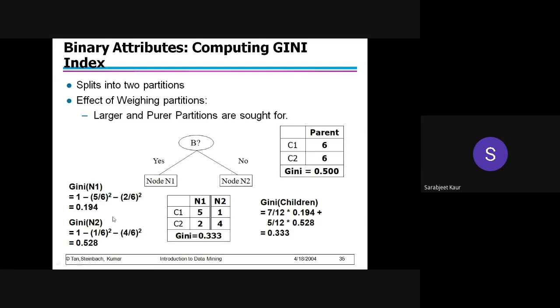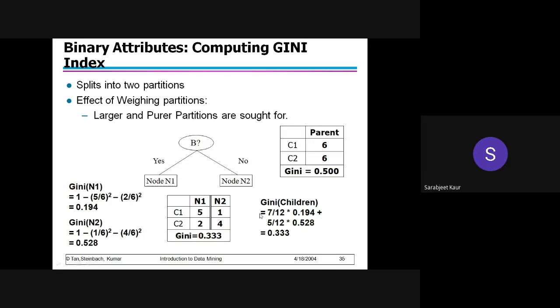So this should be 7 here and 5 here. We compute the Gini: 1 minus (5 by 7) whole square minus (2 by 7) whole square, whatever it comes out to be. Gini of N2 is equal to 1 minus (1 by 5) whole square minus (4 by 5) whole square. And then how do we compute the overall Gini, that is M34?